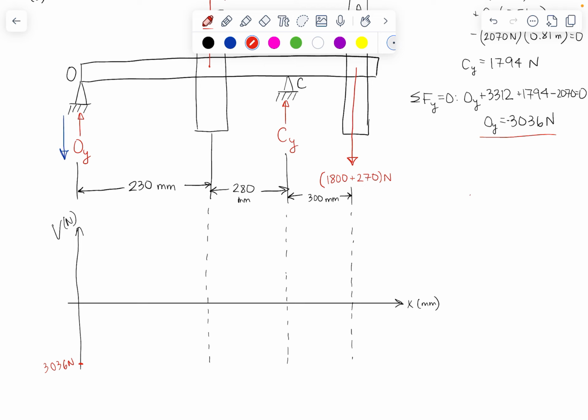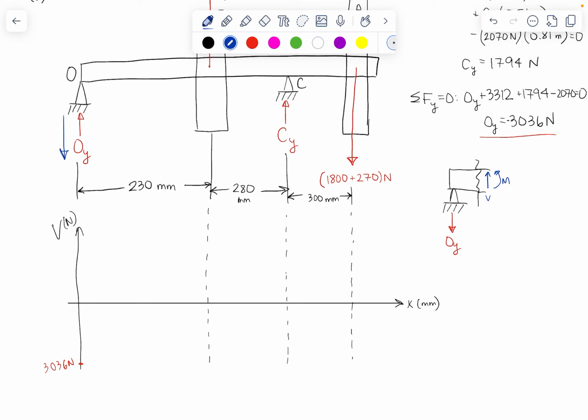So if I start at the beginning of our shaft, I'm just going to draw a section of it here, and I make a cut. We still have to enforce equilibrium all along the length of the shaft. So I have my reaction force OY here, and I'm trying to solve for the reactions of our shear force and our bending moment.